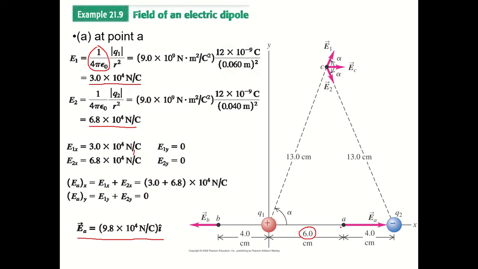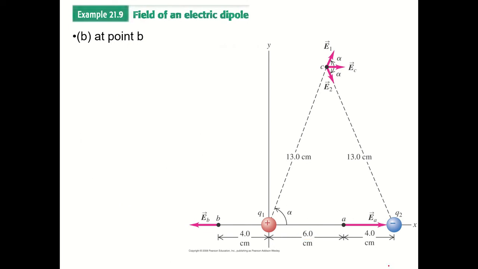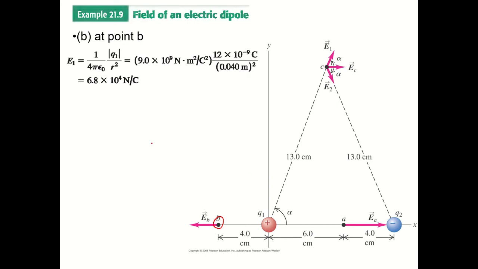Now, how about at point B? At point B, we consider this part here. We have E1, caused by charge Q1.